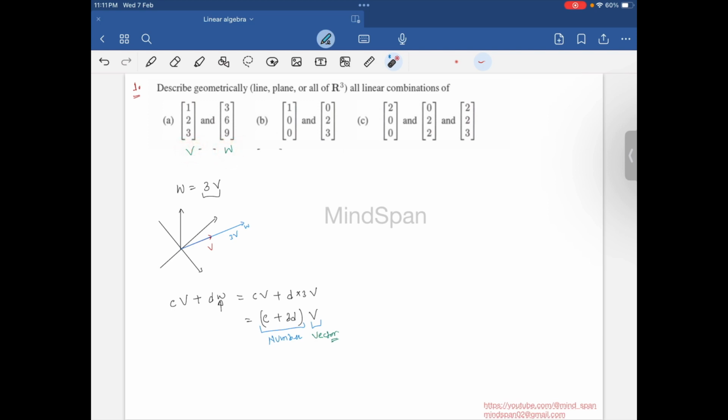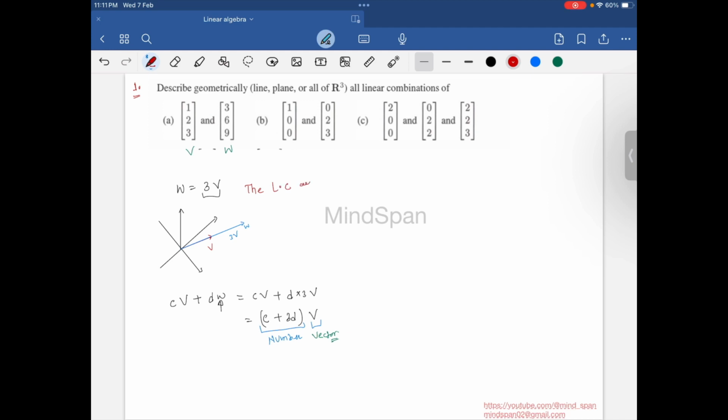Sorry, not lion but line, right? So the linear combination of v and w, in this case, let me write linear combination as LC.